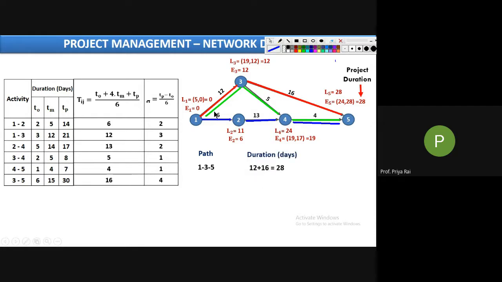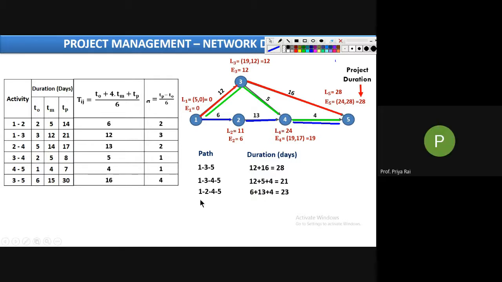Now for the second path, 1 to 3, 3 to 2, 2 to 4, 4 to 5, the duration is 12 plus 5 plus 4, 21 days. For the third path, 1 to 2, 2 to 4, 4 to 5, the duration is 23.